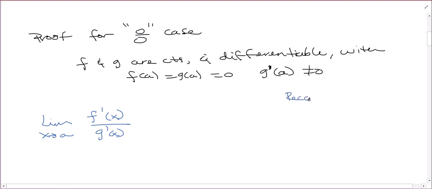Now recall from earlier in the semester, chapter 3, I believe, the definition of the derivative: f prime of a is the limit as x goes to a of f of x minus f of a over x minus a. And we can change that to g or h, k, any name of the function.